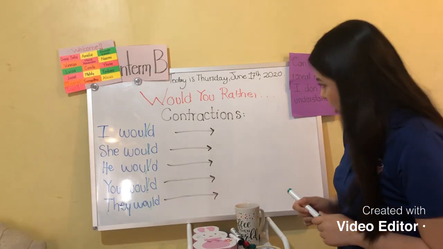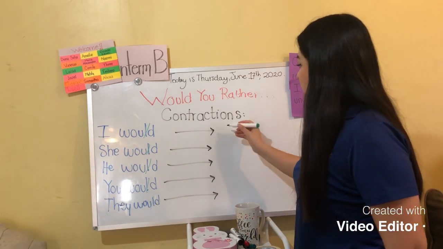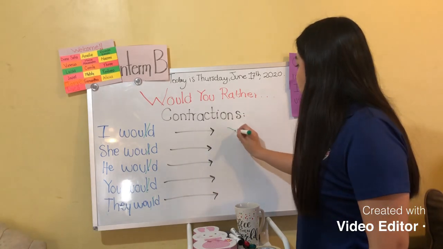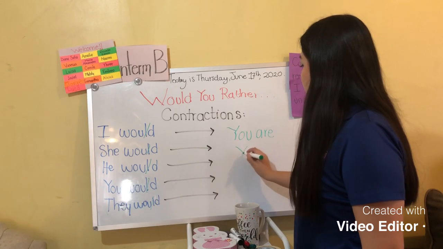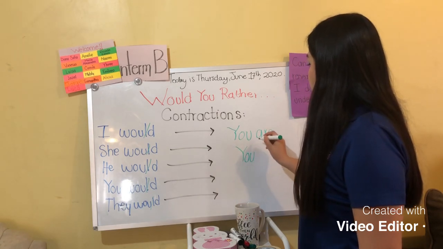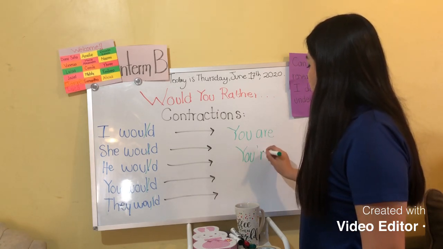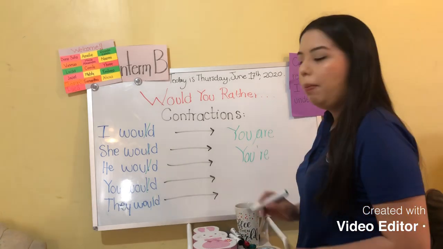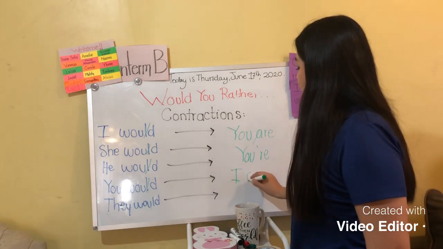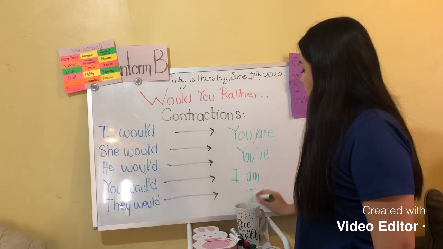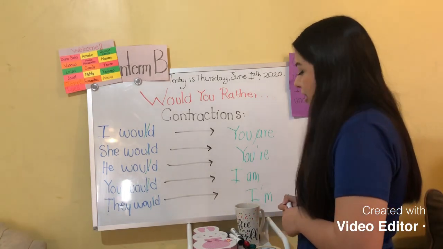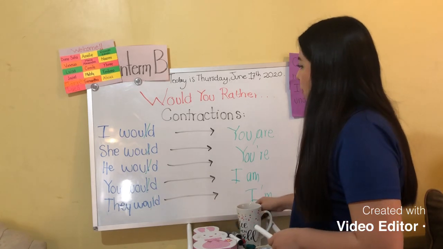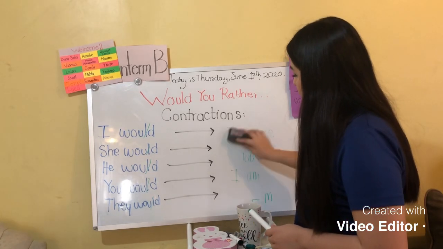And the contractions are... For example, remember when you have, you are, what is the contraction? Remember? Or remember when we have, I am, what is the contraction? I'm, okay? So it's the same, okay? It's just the same, but this time using would, okay?